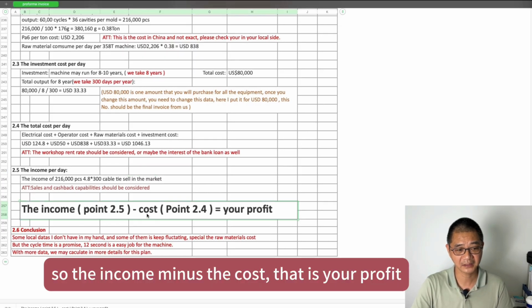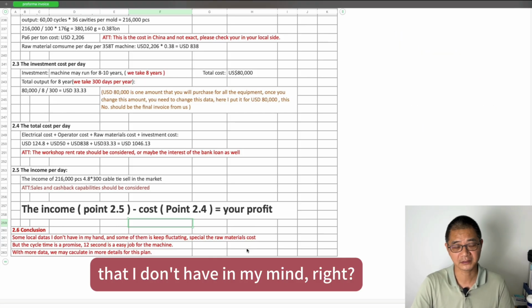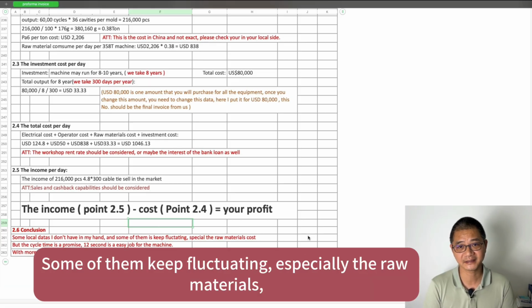So the income minus the cost, that is your profit. Some data is local, on your side, that I don't have in my mind, right? So you need to make adjustments according to my logic. Some of them keep fluctuating, especially the raw materials.